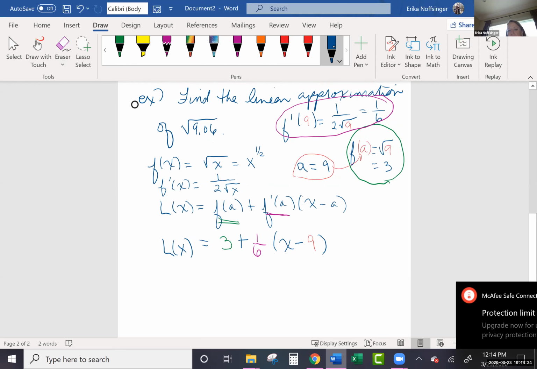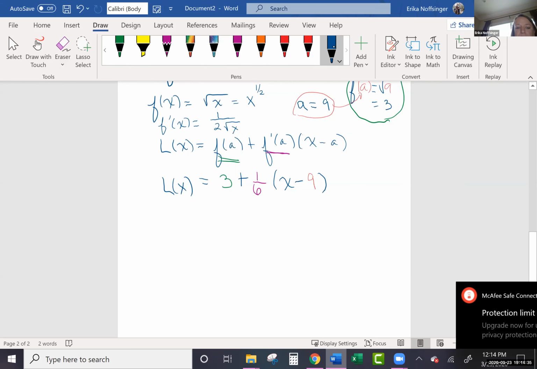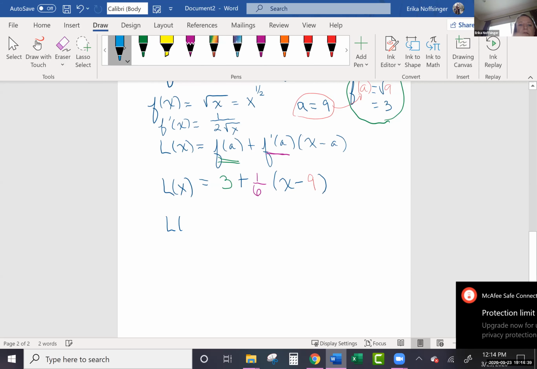So now we can figure out approximately what the square root of 9.06 is by plugging it into this equation. So we have 3 plus 1/6 all times x, which is 9.06 minus 9.